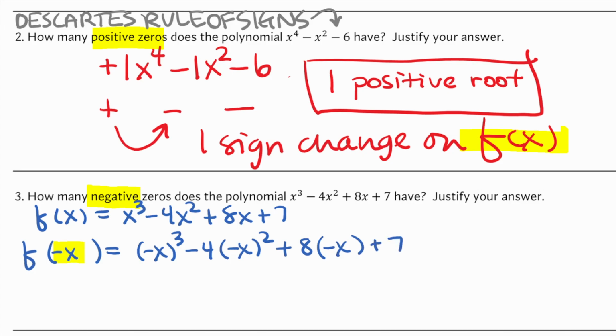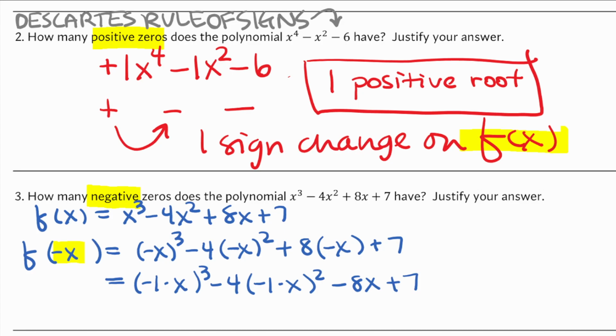Okay, and then we simplify. Since it's the first time I'm doing it in the examples video, I'm going to just distribute the positive 8 to the negative x and then do a plus 7.